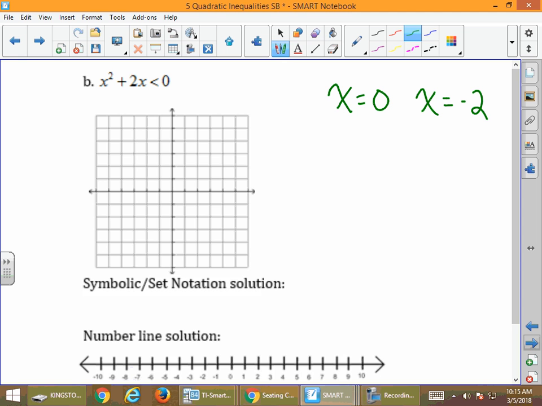So it's -3, -2, -1, 0, 1, 3. But in this particular problem, now, it says x squared plus 2x is less than 0. We're relating back to 0.